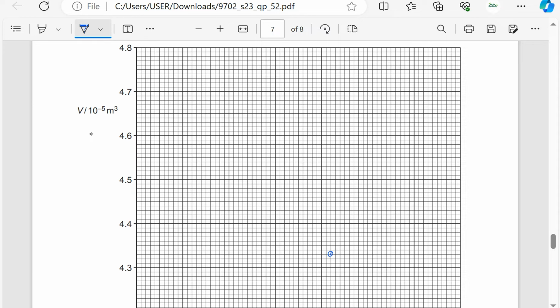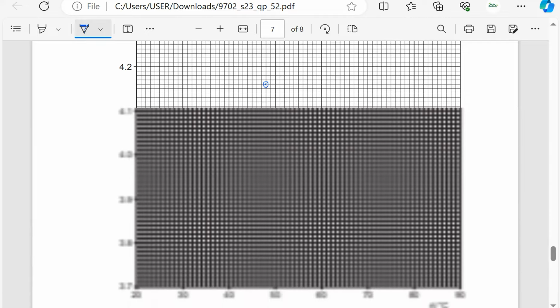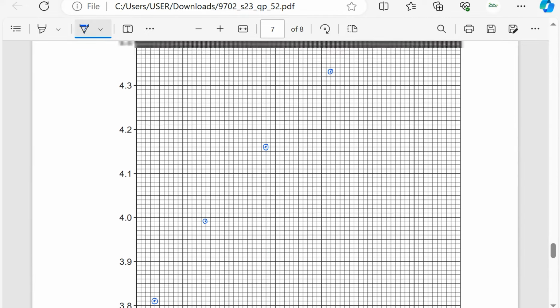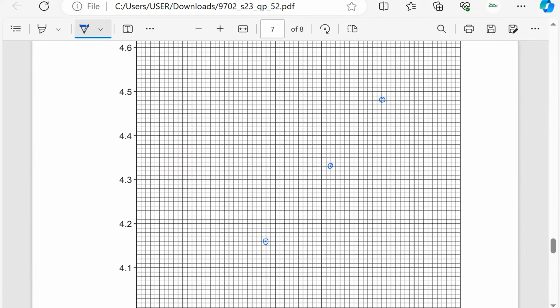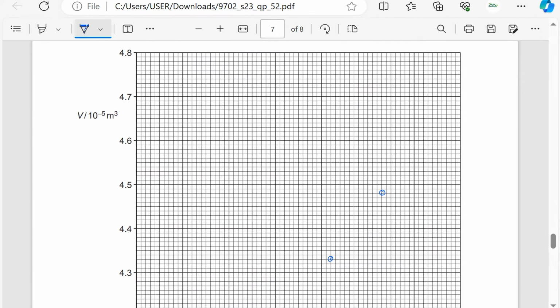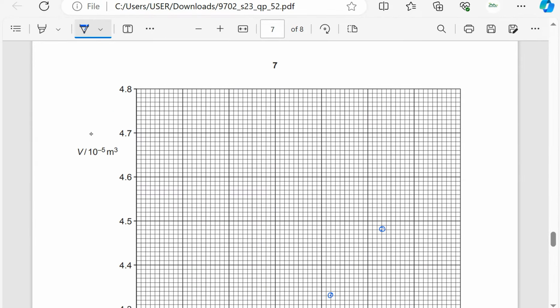So 73 against 4.4, 1, 2, 3, 4, 5, 6, 7, 8. So this is 4.48. And the last point is 88 against 4.65. So 88 is here. 1, 2, 3, 4, 5. 4.65 is here. So that will be the point.